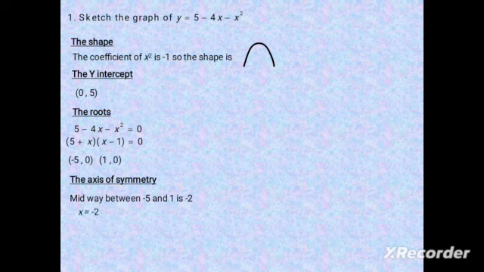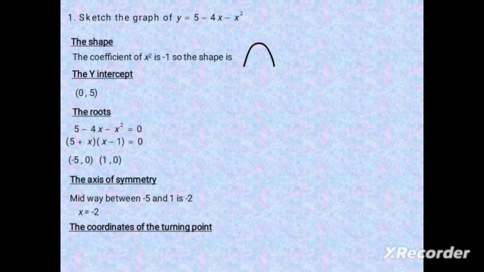Okay, the axis of symmetry, the midway point between negative 5 and 1, is negative 2. Now, when x is negative 2, what is the value of y? So the coordinate of the turning point, that's why we are asking when x is negative 2, the value of y will be 9.